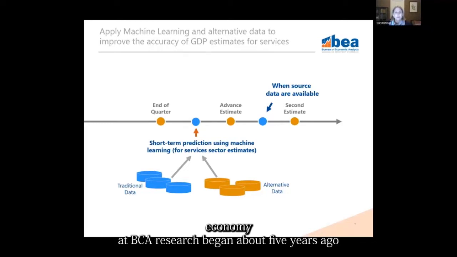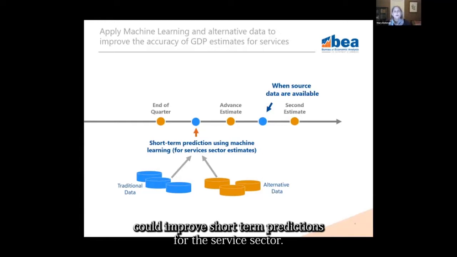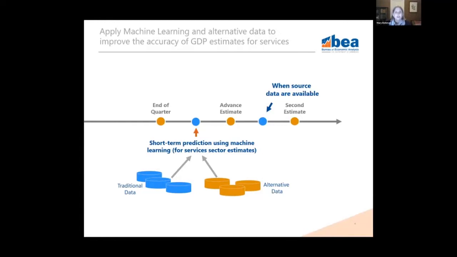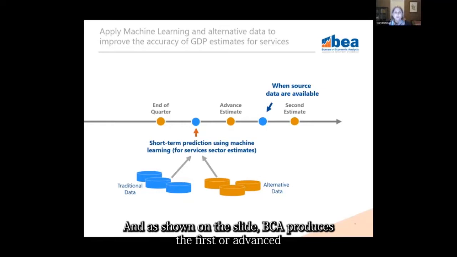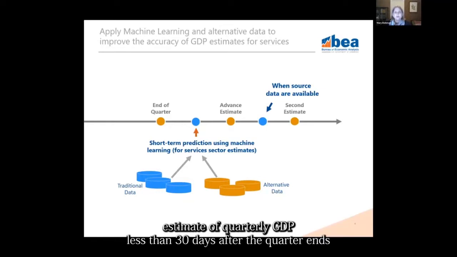At BEA, research began about 5 years ago to investigate whether maximum likelihood methods could improve short-term predictions for the service sector. And as shown on the slide, BEA produces the first or advanced estimate of quarterly GDP less than 30 days after the quarter ends.